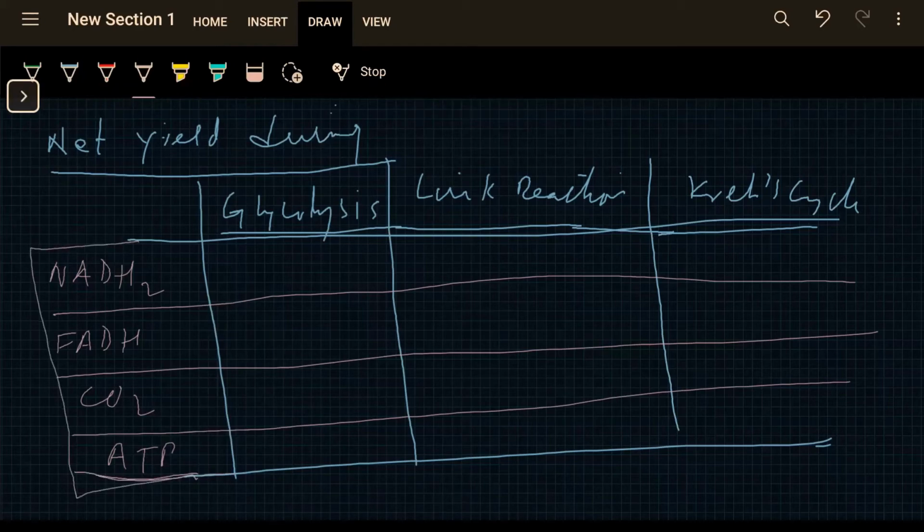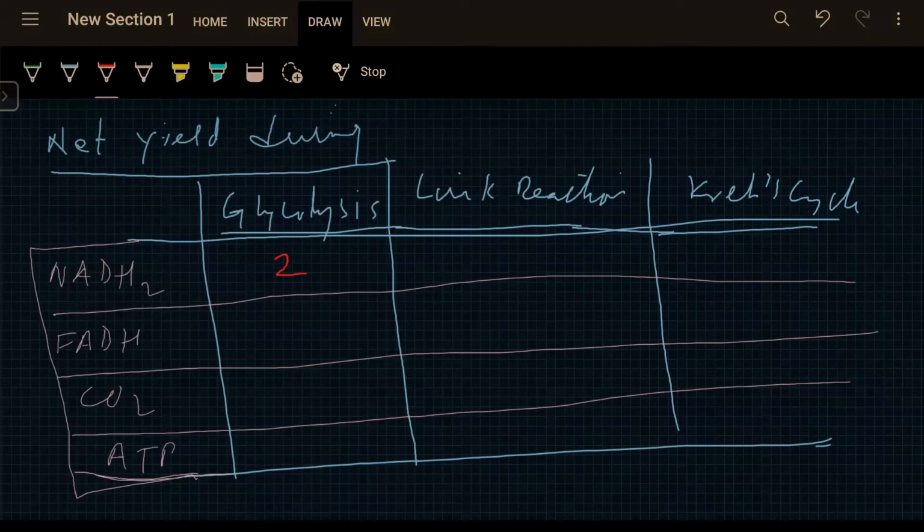So how many NADH2 are made during glycolysis? Do you remember? Sir, 4. During glycolysis, there are 2 NADH2 made.